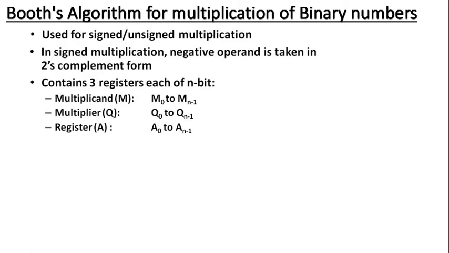Then the next register is the multiplier Q, which is also n bits, Q0 to Qn-1. And then one additional register A is required, which is A0 to An-1. Each of these registers is of n bits, standard size.